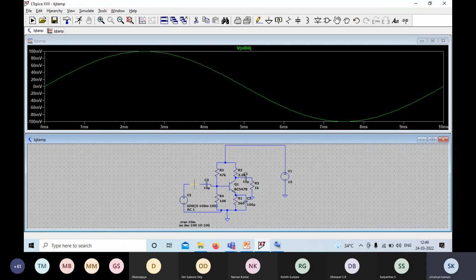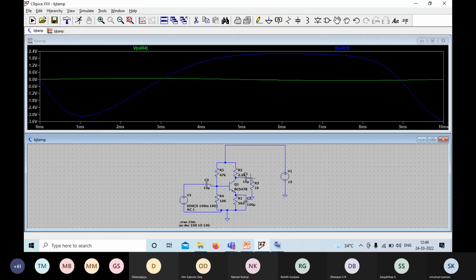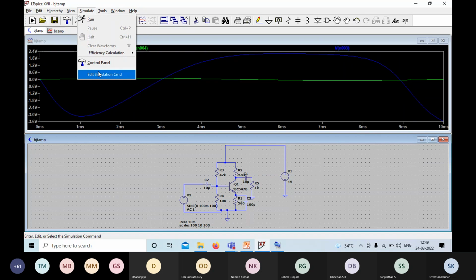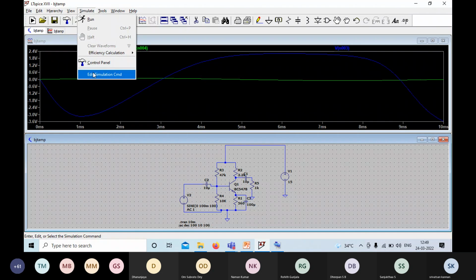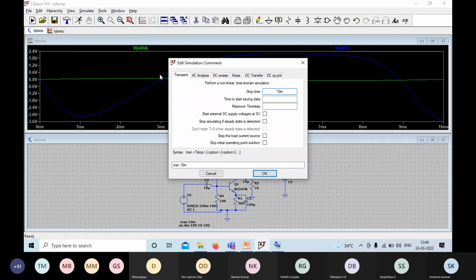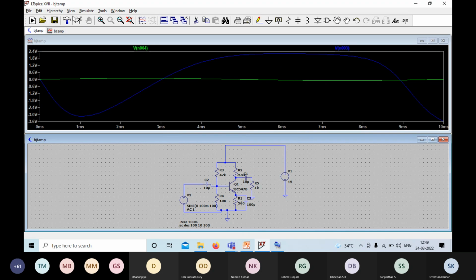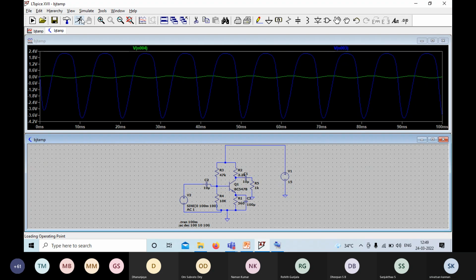The input is 10 millivolt. You can see the output is somewhat distorted. I'll show you the correct graph now. Edit simulation, stop time 100 milliseconds. Could you see the difference for 10 millivolt and 100 millivolt?